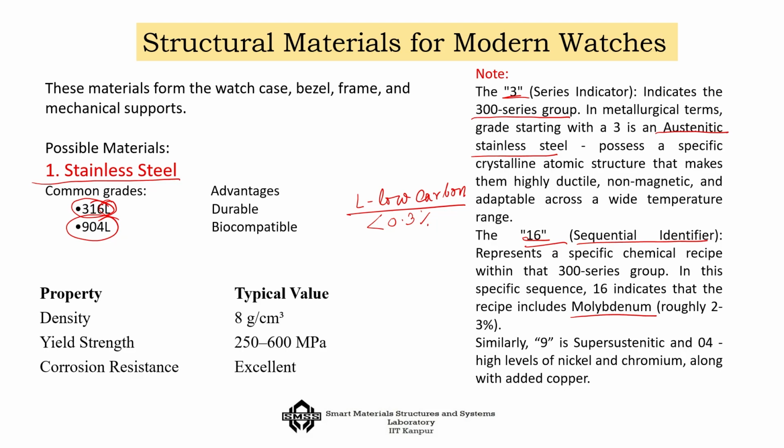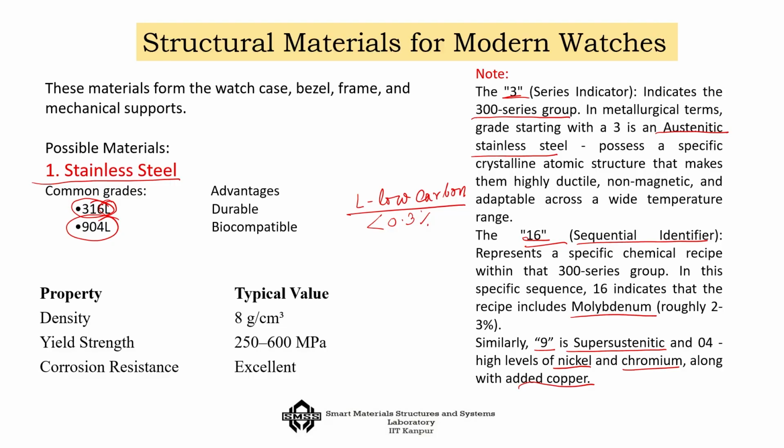Another possibility, a more expensive one, is 904L steel, where 9 is not simple austenite but a super austenitic material, and then the 04 means it has a high level of nickel and chromium along with some added copper. What 904L can give you is very high strength. So, you can use the watch not only in ambient conditions, but also as a diver's watch.